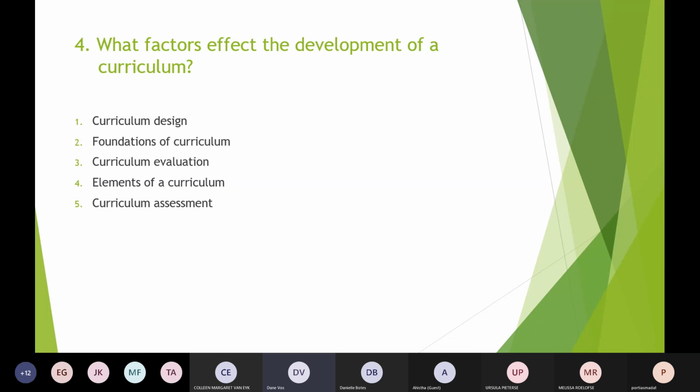Same with the foundation, like you said. If the foundation isn't right, then the curriculum will be faulty. Like the elements of the curriculum, if they don't have the right elements, the same thing will happen. So it is like a higher order question, because you need to really think about each one. Yes, definitely.